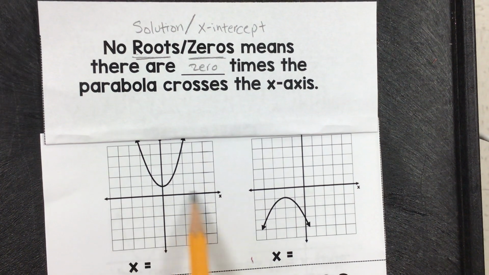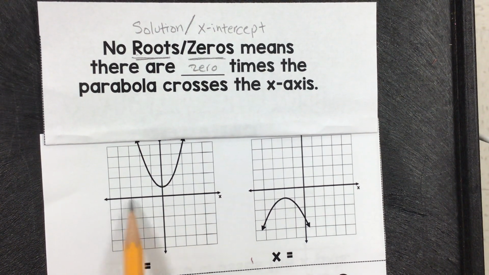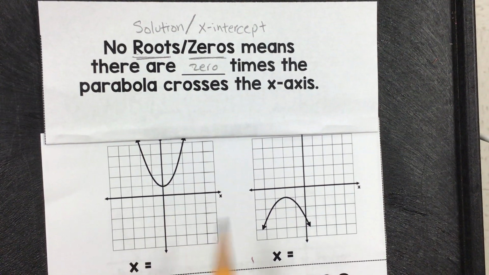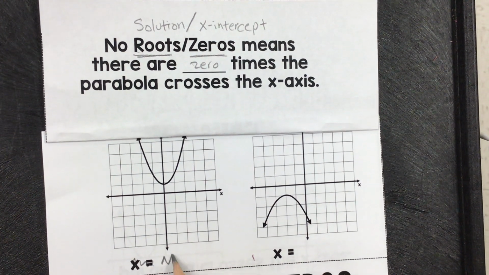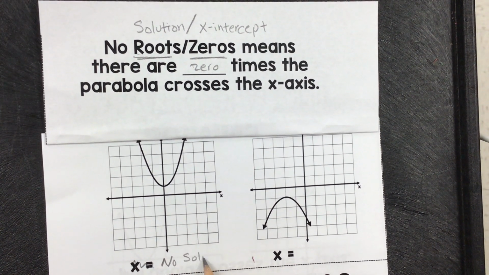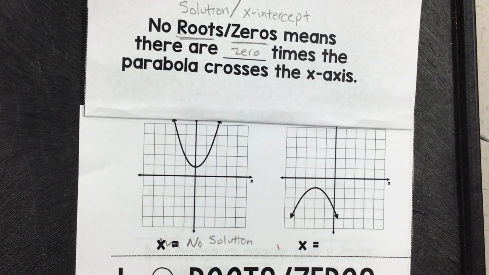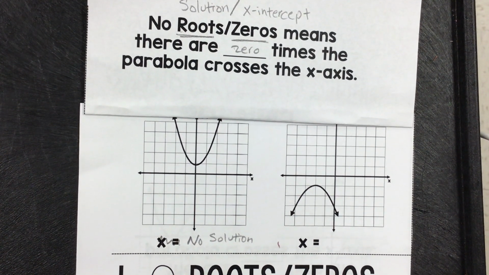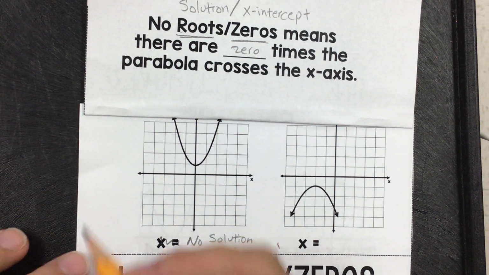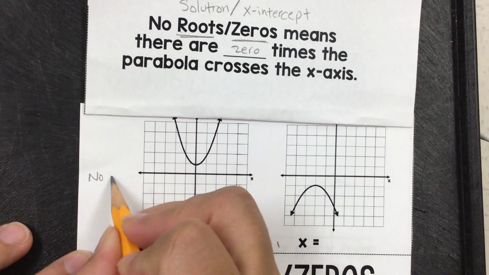So look over here. There's no x-intercepts. It does not cross the x-axis. That means that there is no solution. I'm going to keep repeating myself just to make sure that everybody's okay. Saying no solution also means that there's no roots.